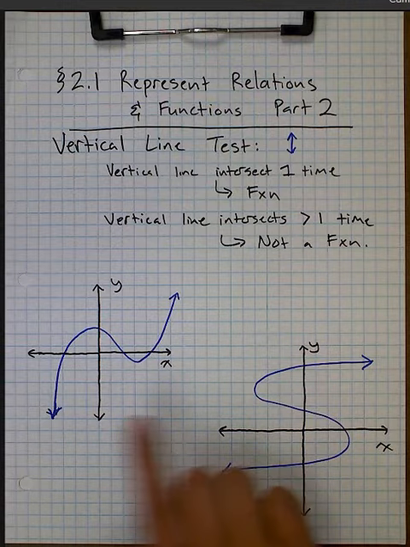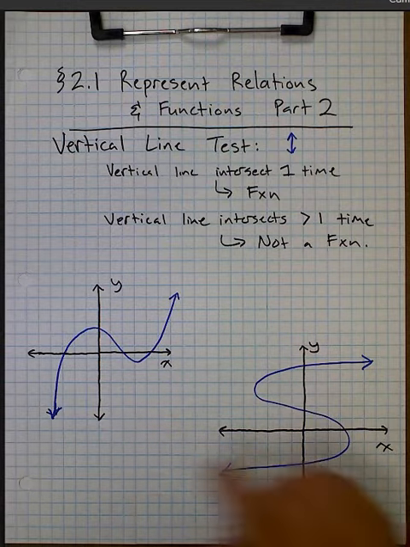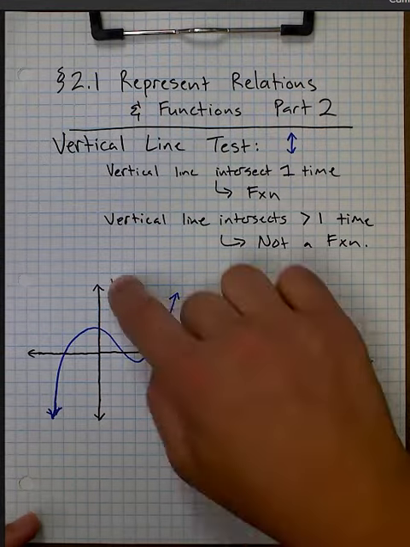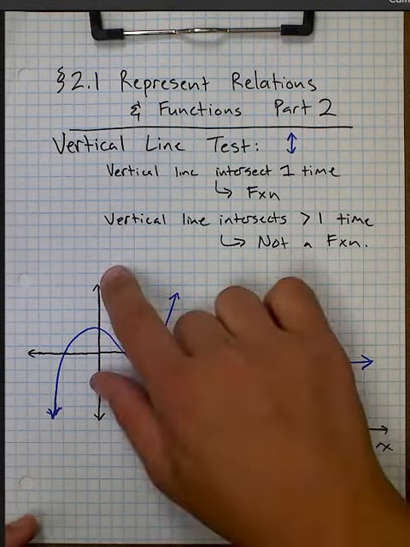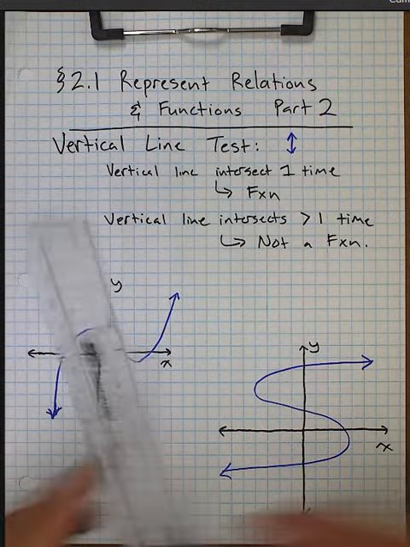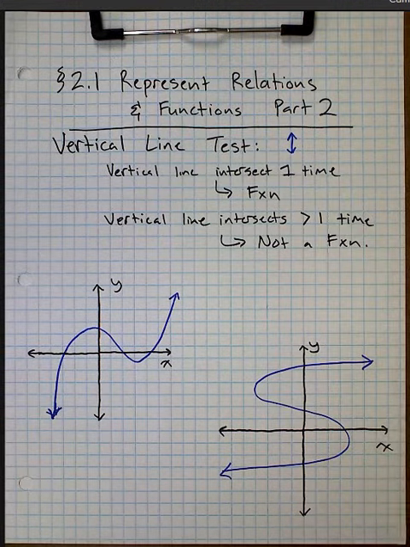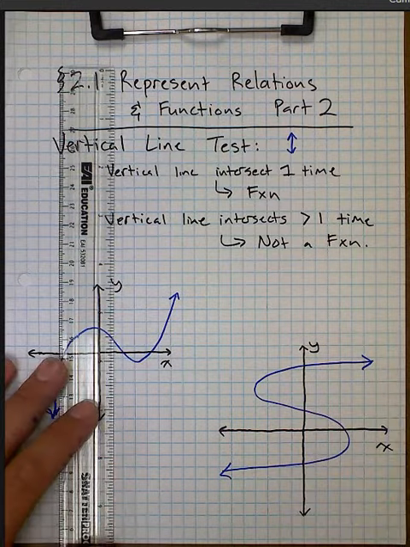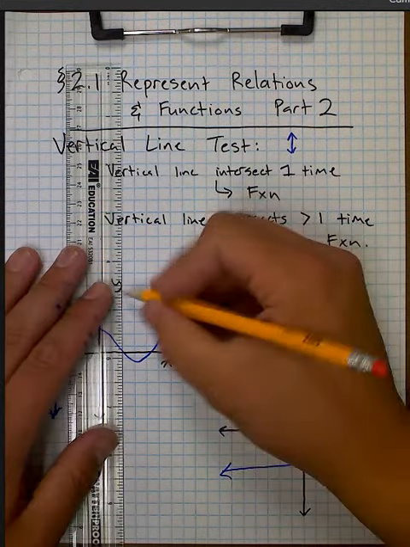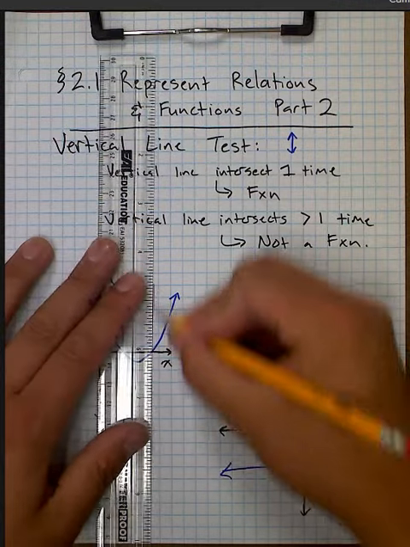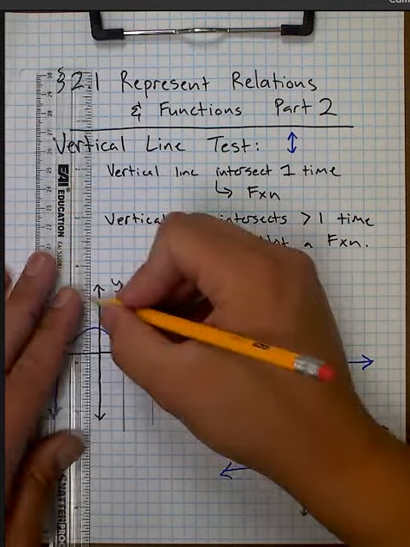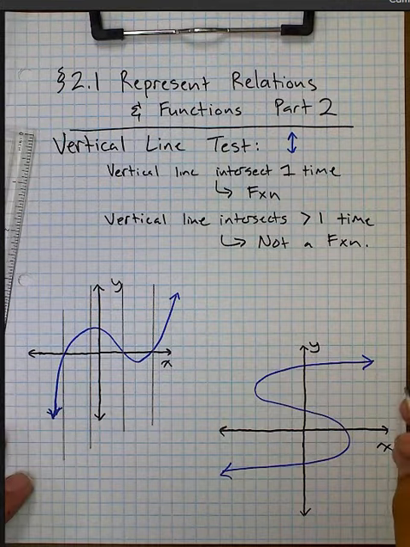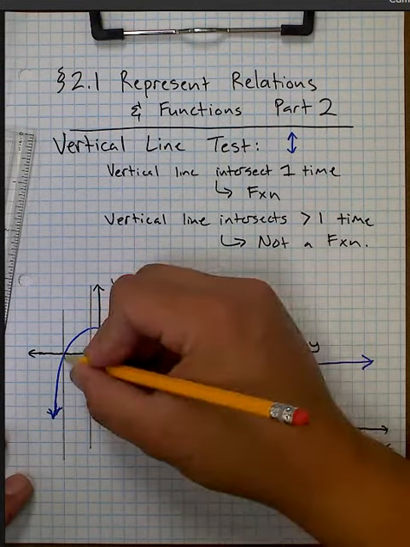For example, let's look at this graph on the left. The blue right here represents a relation between x and y, input x and output y. And the way you can tell whether it's a function relationship or not is to do a vertical line test. If I could draw any vertical line along the graph, it will intersect the blue line, the graph of the relationship, only one time.